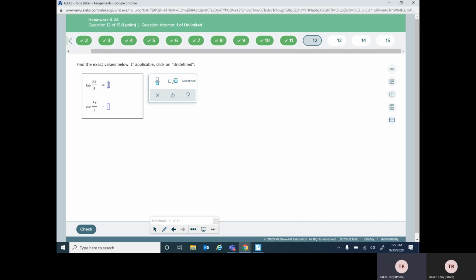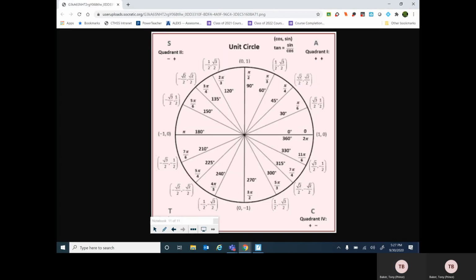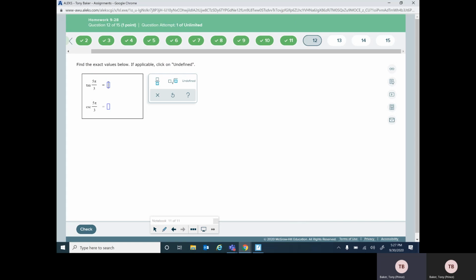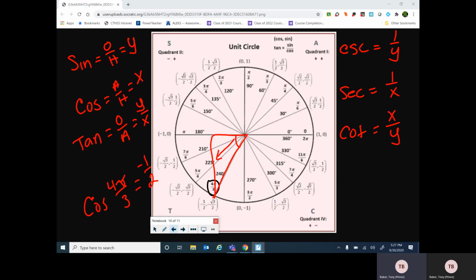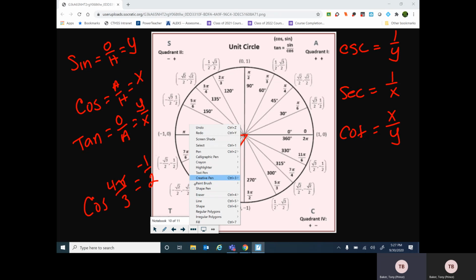Next thing, same thing. This time we're looking for tangent and cosecant. So I'm going to go back to my unit circle, and we're looking for it on 5 pi over 3. I'm going to go back to what I had originally there so you can see it all.